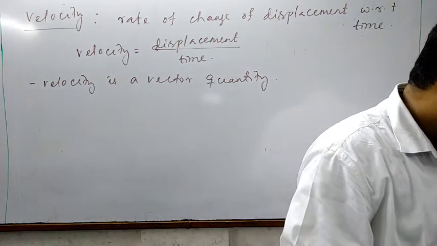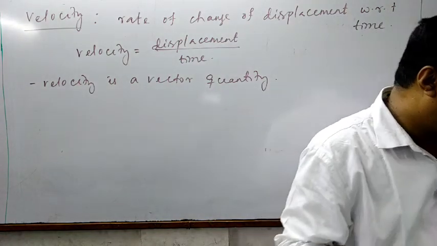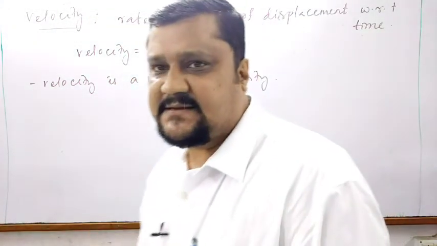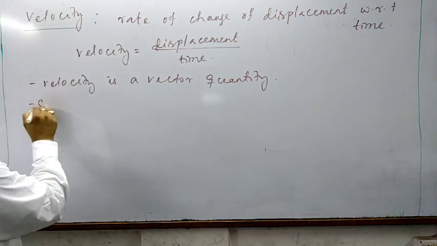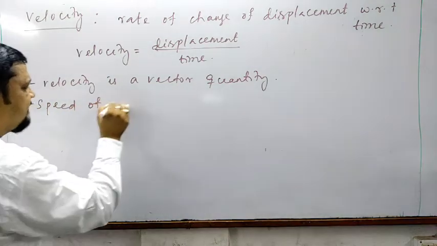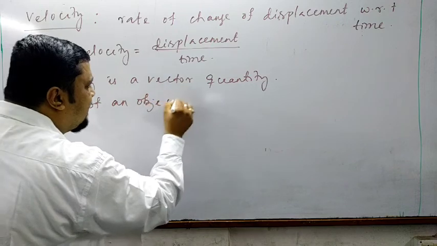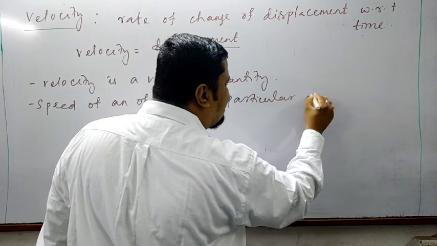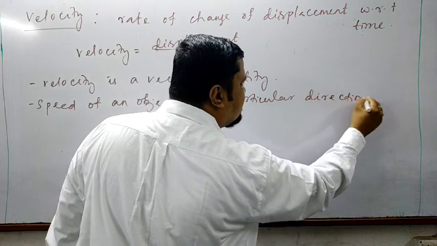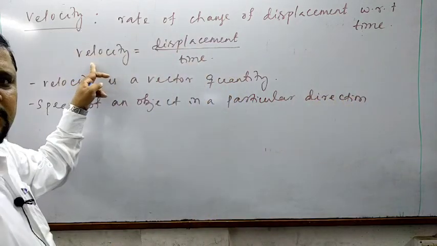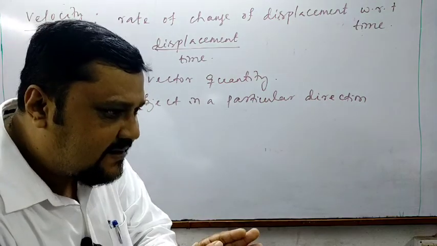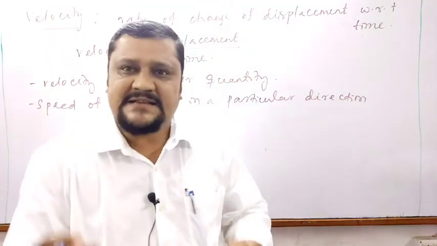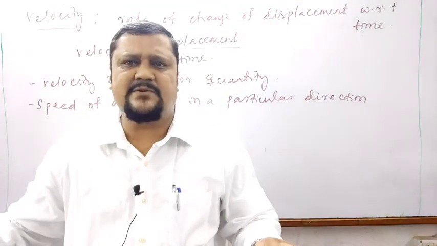The velocity can also be defined as the speed of an object in a particular direction. Why? Because the velocity gives you the speed, the magnitude part, and the direction combined.